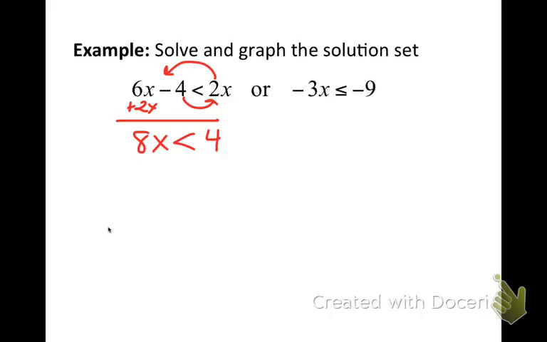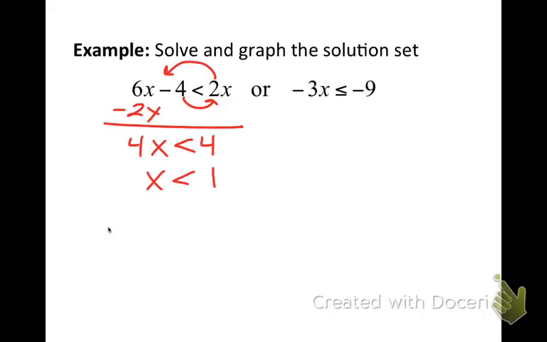Oh yeah, I'm subtracting it. Never mind. Thank you. Erase, minus 2x. Thanks for that catch. So 4x is less than 4, which is a little bit nicer because I don't have a fraction, right? Divide out the 4, it gets you x is less than 1.